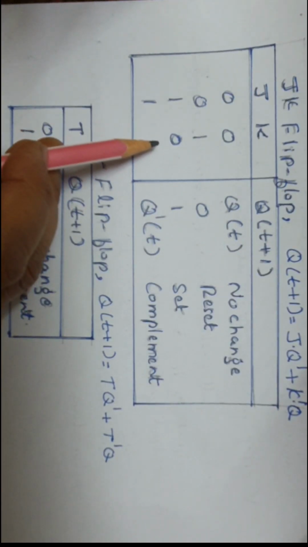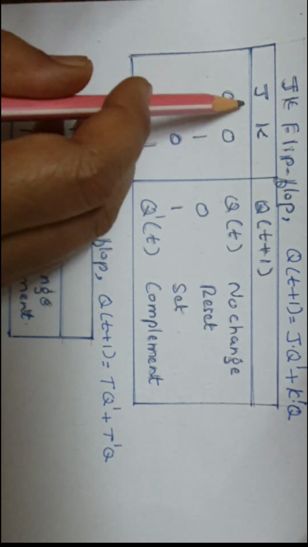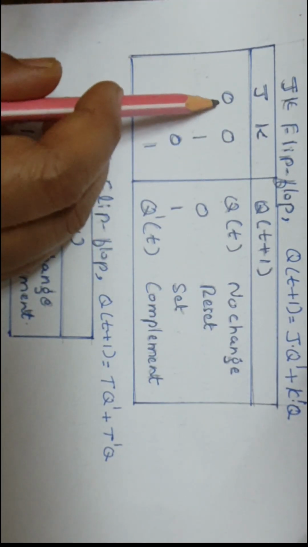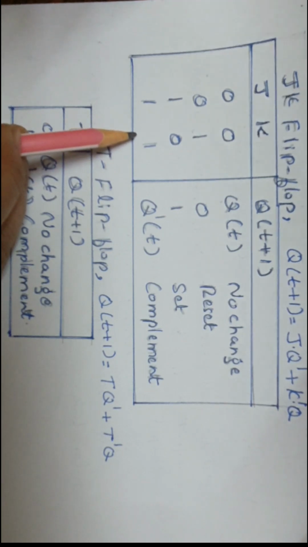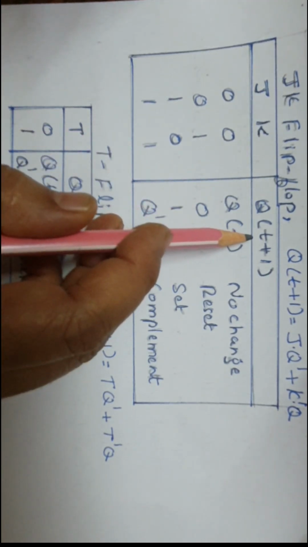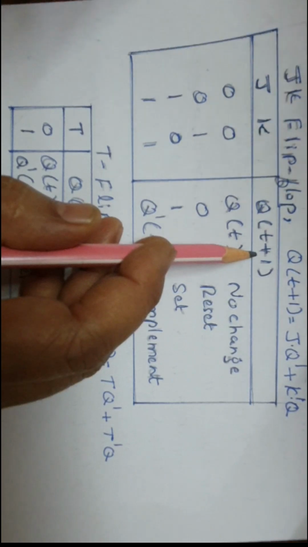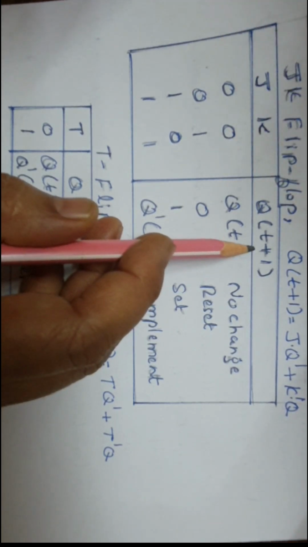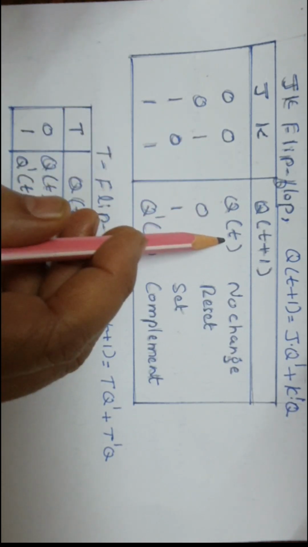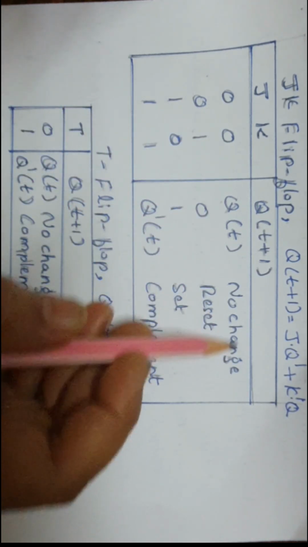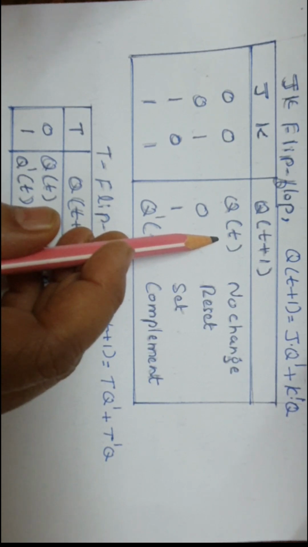Next, this is the characteristic table for JK flip-flop. J and K are the two inputs. 0, 0, 0, 1, 1, 0, 1, 1 are the 4 possible combinations for the input. So the next state, that is Q of t plus 1, means what will be the output? For J, K both 0, 0, that is Q of t, which means no change. Next state will be same as previous state.